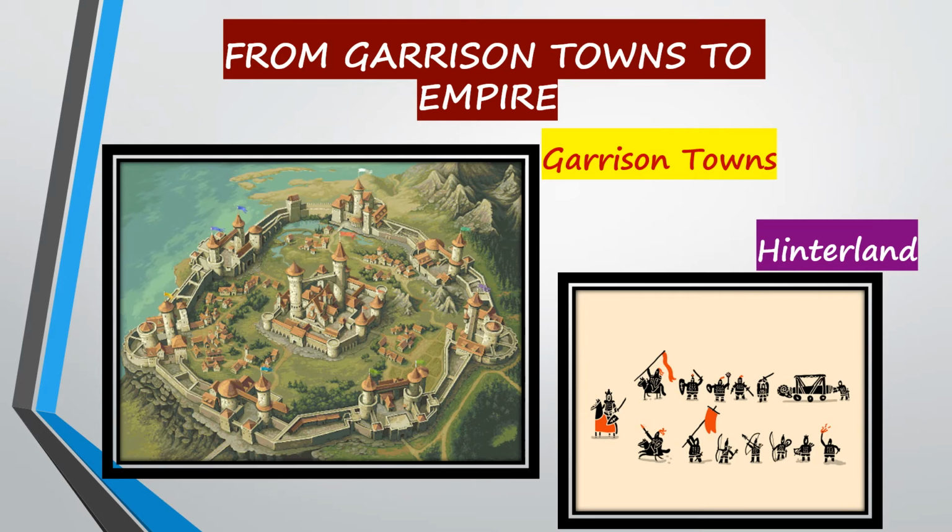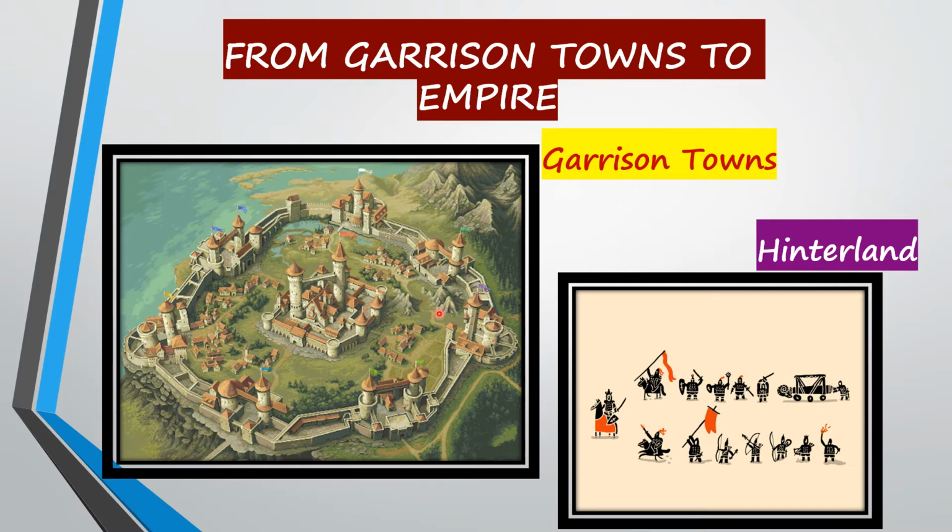Now, I want you to understand what heavily fortified towns means. Heavily fortified towns stand against any form of attack, and they are occupied by garrisons. In this picture, you can see very thick, firm, fort-like structures built to protect the empire.